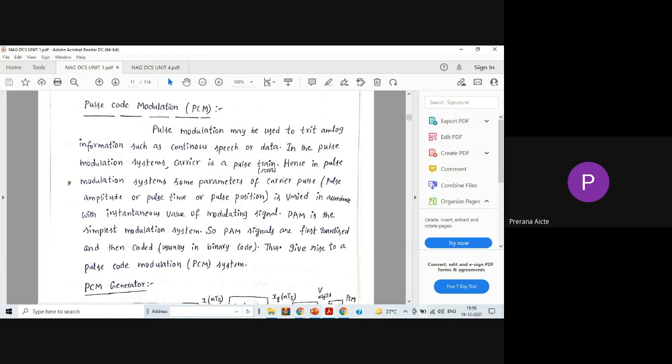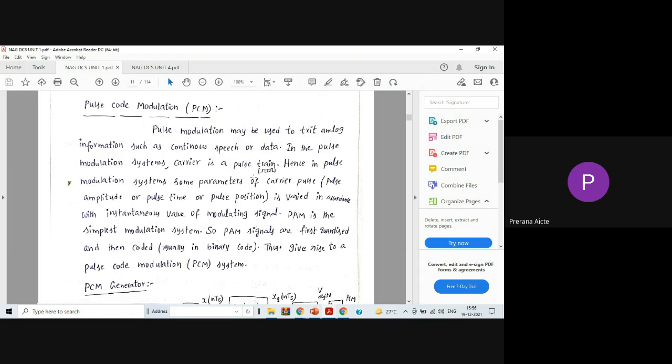Right. So, what is meant by pulse modulation? Pulse modulation is used to transmit analog information signals such as a speech signal or any data signal. Here in a pulse modulation system, the carrier signal is a train of pulses.